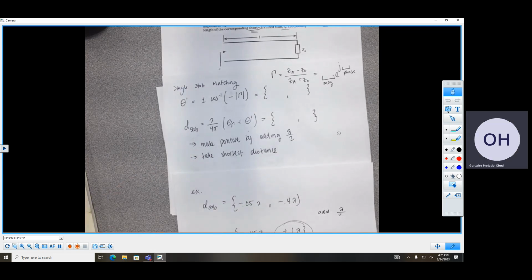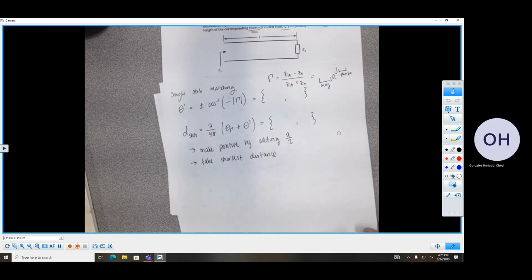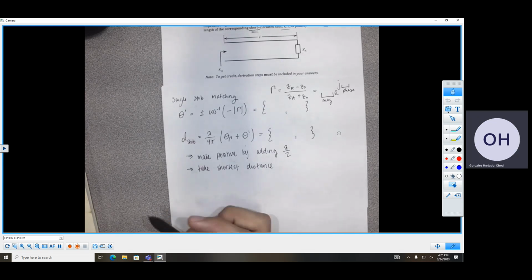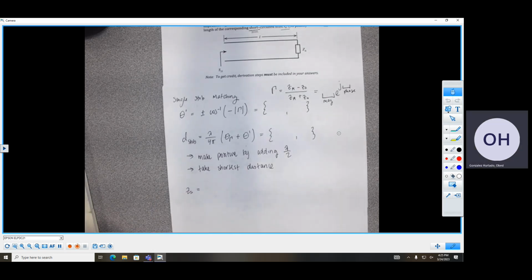Okay. And then from here, we can find the impedance at the end of the stub. So for that, hold up. Let's get this step.